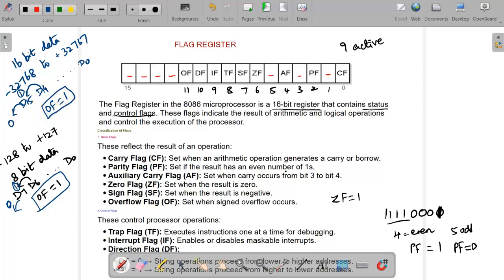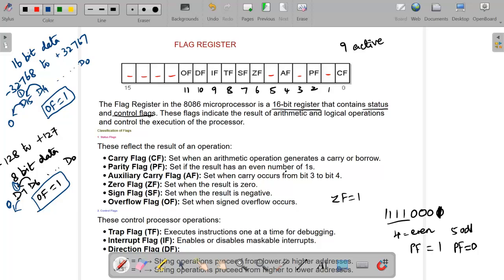So for 8-bit data you should have a carry from D6 to D7 and no carry from D7; for 16-bit data, a carry from D14 to D15 and no carry from D15. Then the overflow flag is equal to 1.